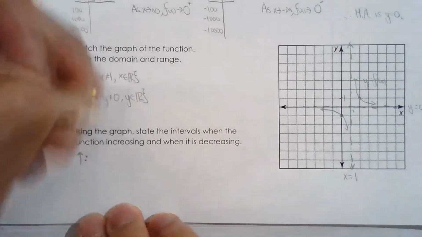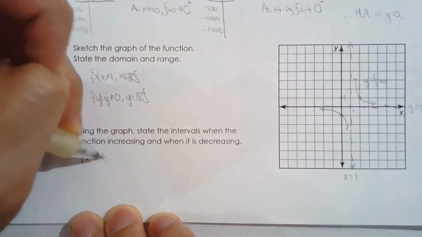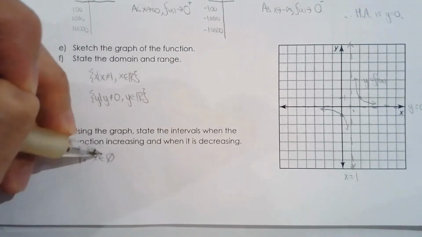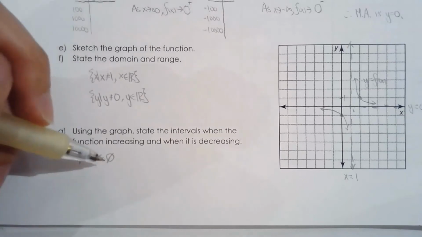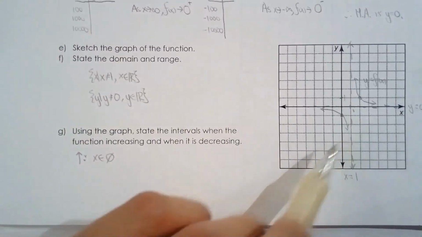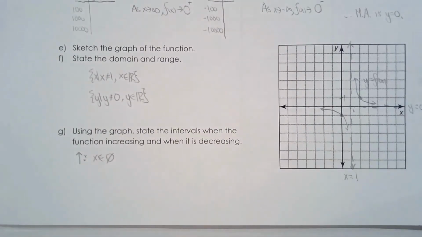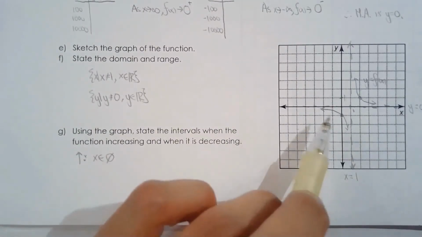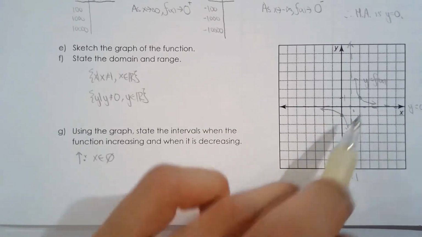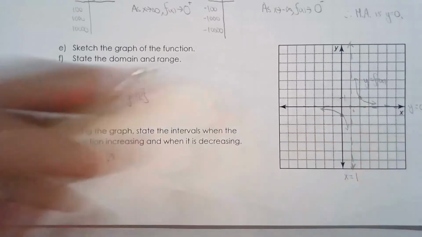So if you study this function, it is never increasing. This is null. Null means never. So it's a null event, which means it never increases. It's always decreasing, in fact. This first branch is decreasing.